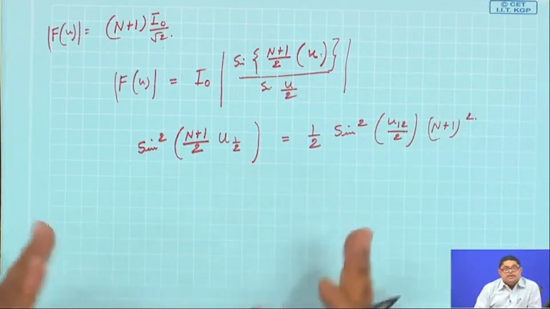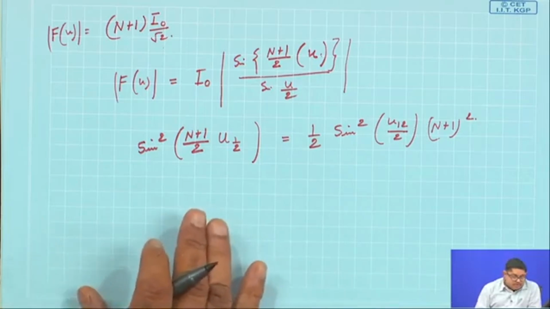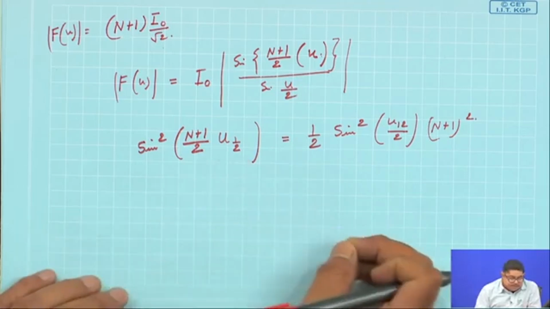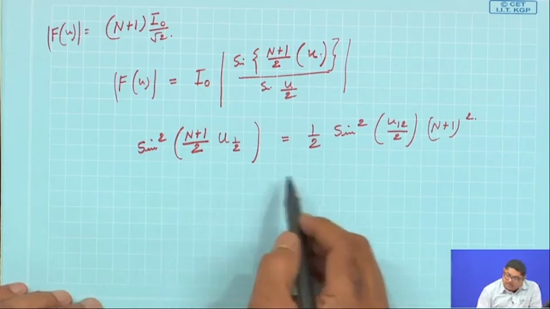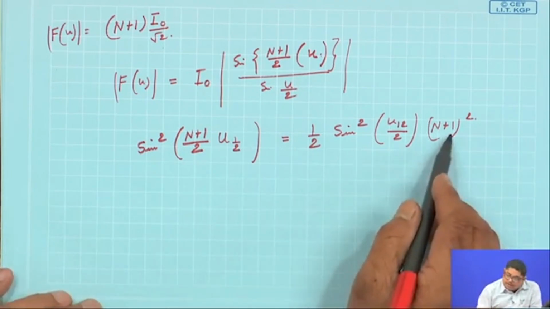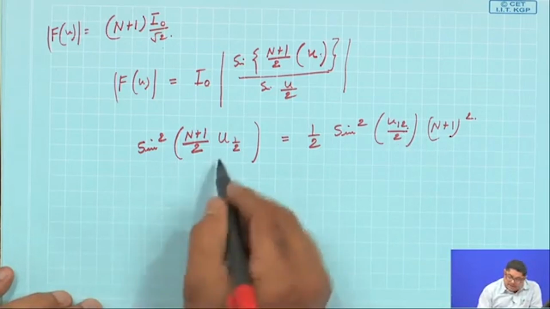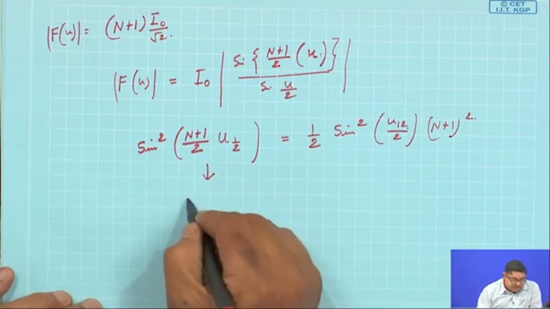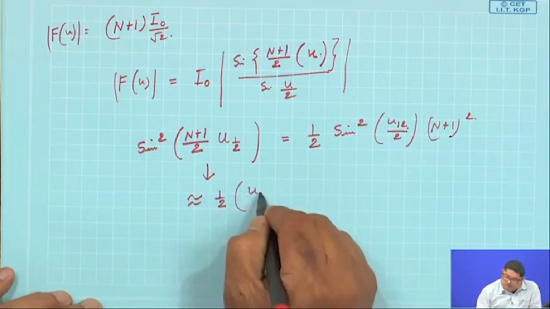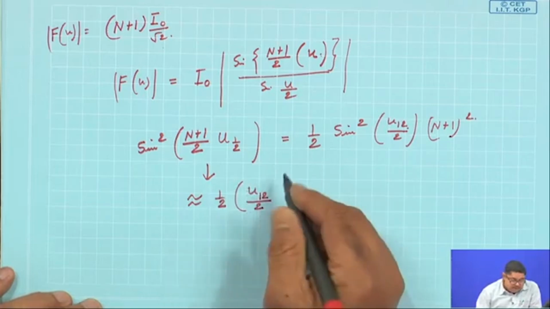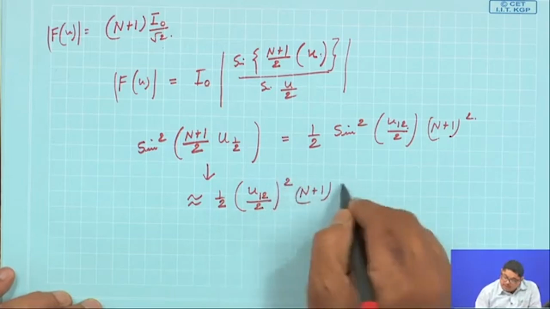Now, u half is very near to u equal to 0. So, u half is small, and its variation is much slower than (n plus 1) u half. So, we can write that this is approximately half, (u half by 2) square times (n plus 1) square.